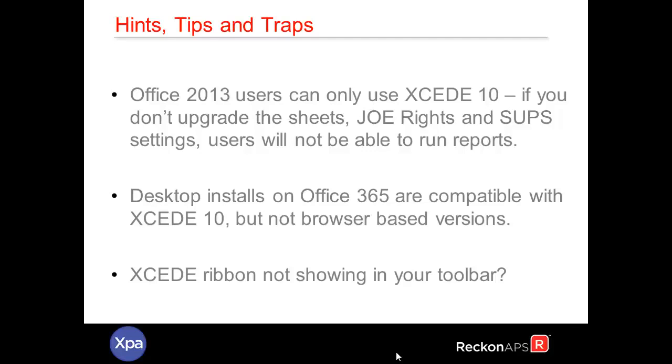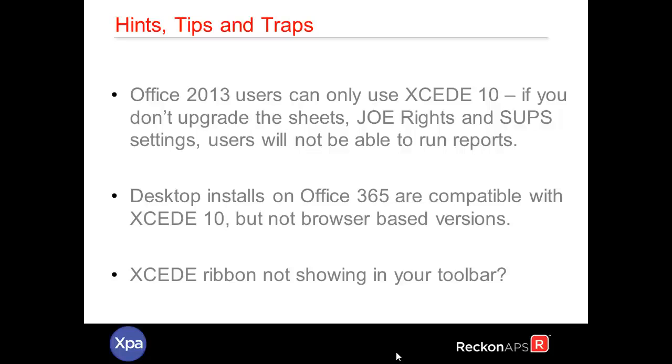Office 2013 users can only use Exceed 10. If you don't upgrade the sheets, the Joe rights and the subsettings, users will not be able to run the reports. Desktop installs of Office 365 are compatible with Exceed 10, but not when they are browser-based versions.